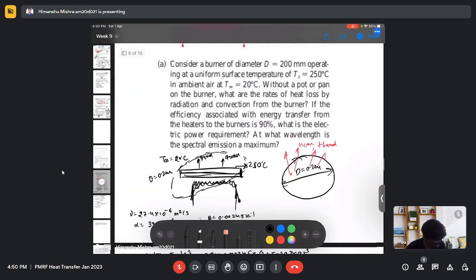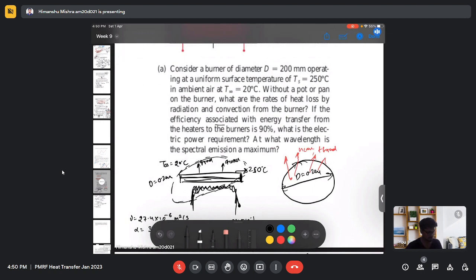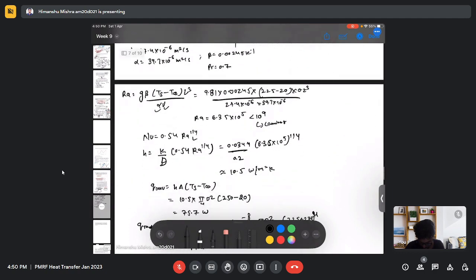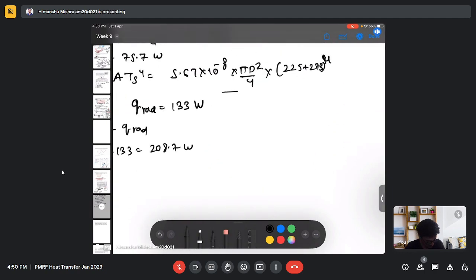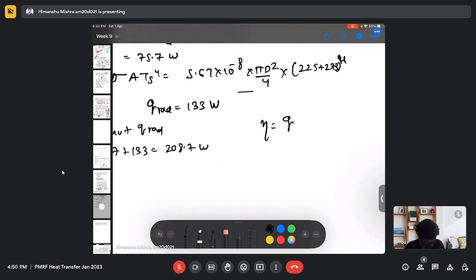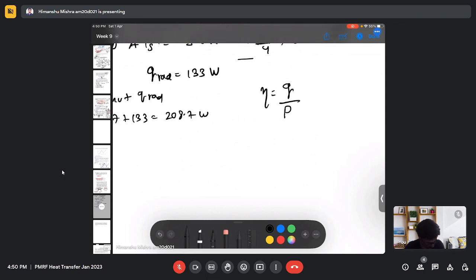Now the question says that if the efficiency associated with energy transfer from heaters to burners is 90%, what is the electric power requirement? So my efficiency is my heat transfer divided by power, which means the total power requirement is my total heat transfer by efficiency, and my efficiency is 0.9.